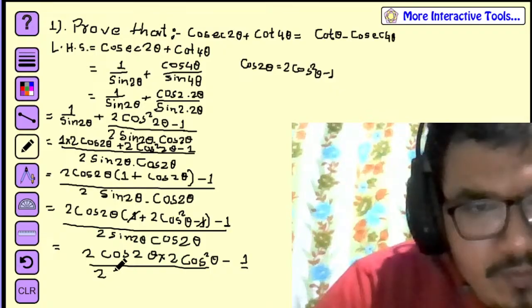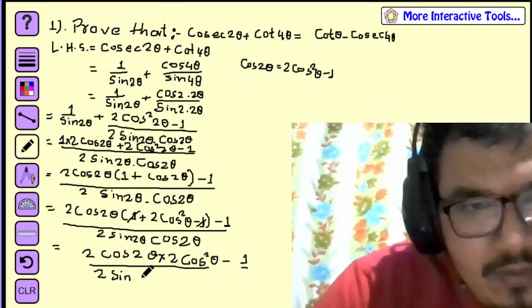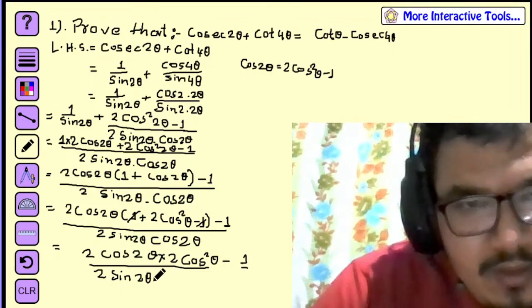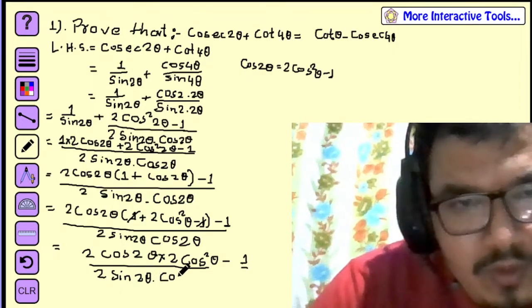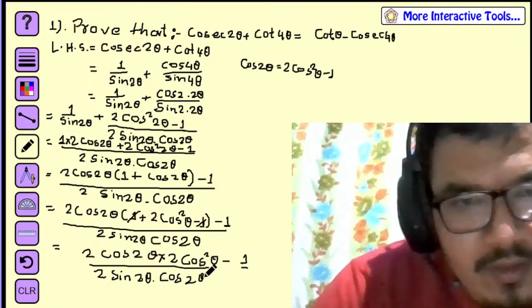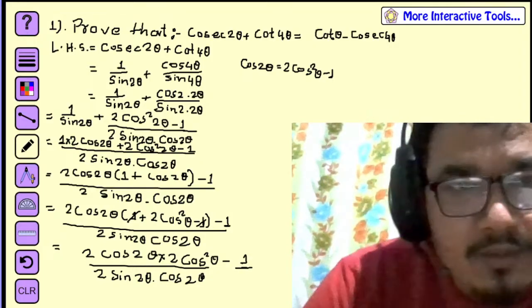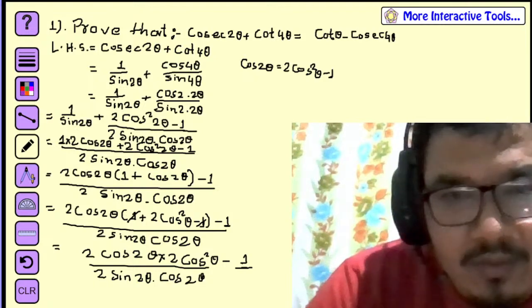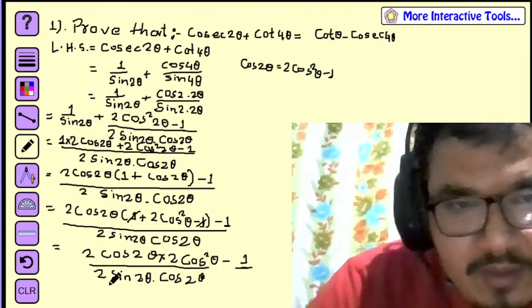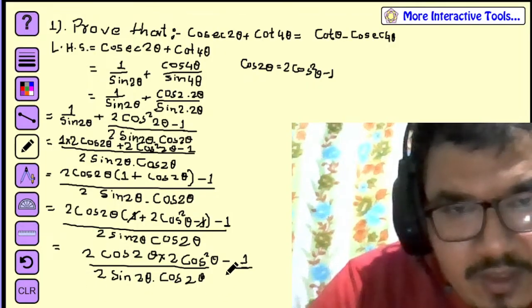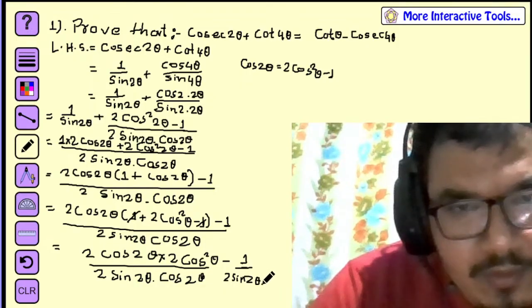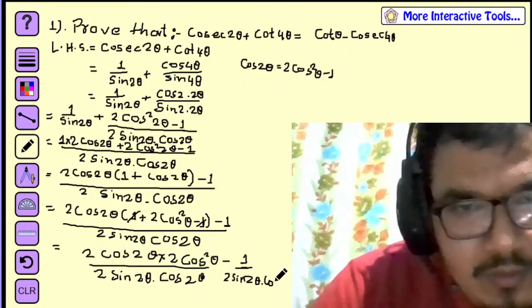Here also we can write 2 sine 2 theta into cos 2 theta, and here also down we can write the denominator, 2 sine 2 theta into cos 2 theta, like this.